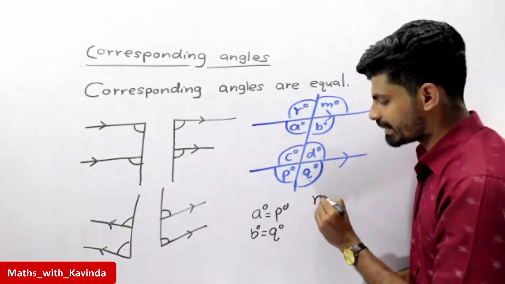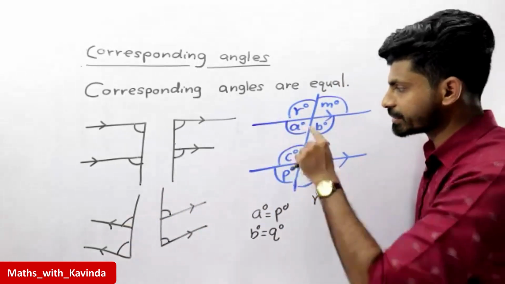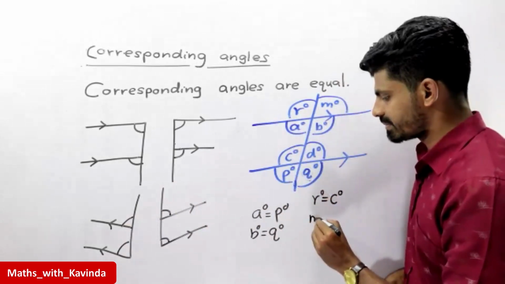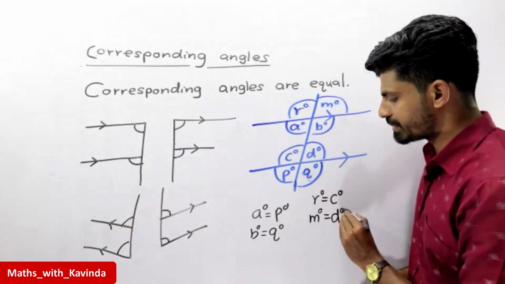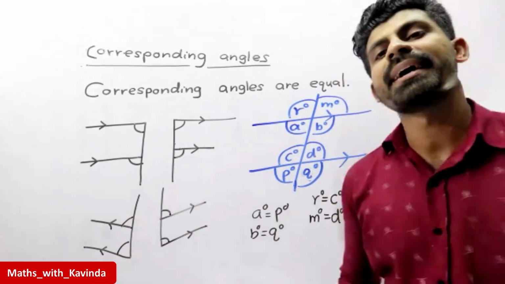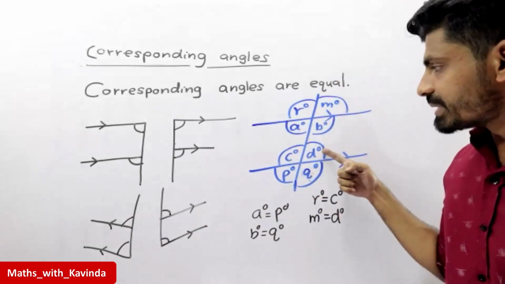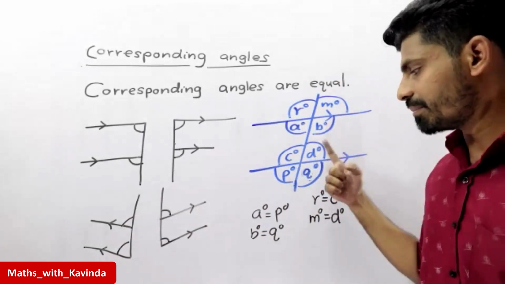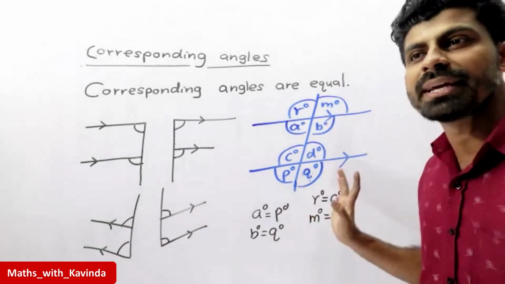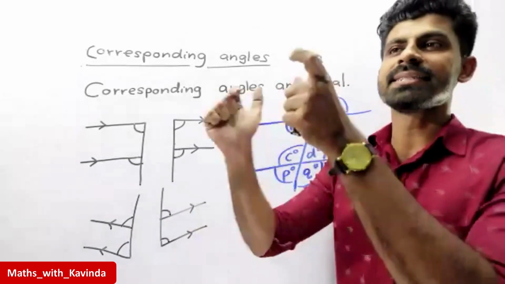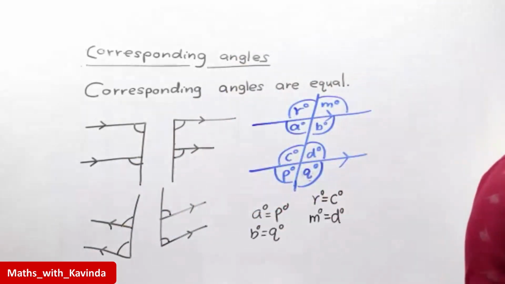R equals to C. M equals to D. Corresponding angles are equal. R equals to C, M equals to D, A equals to P, B equals to Q. Just quickly note it down, alternate angles and the corresponding angles.